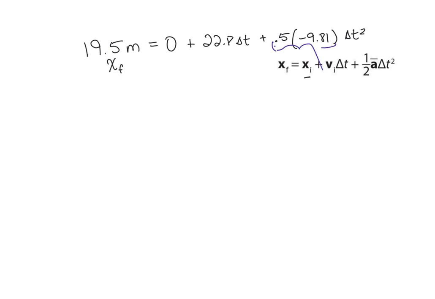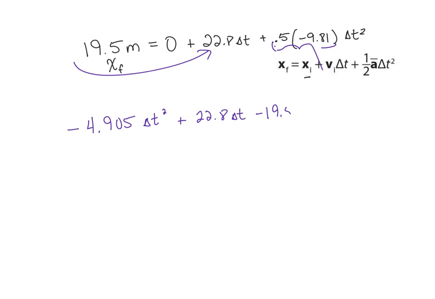What is 0.5 times my negative 9.81? All the way out, because we're just negative 4.905, and then we have time squared. To that, we are adding 22.8 times time. And then I'm going to move this negative 19.5 over and set everything equal to 0.